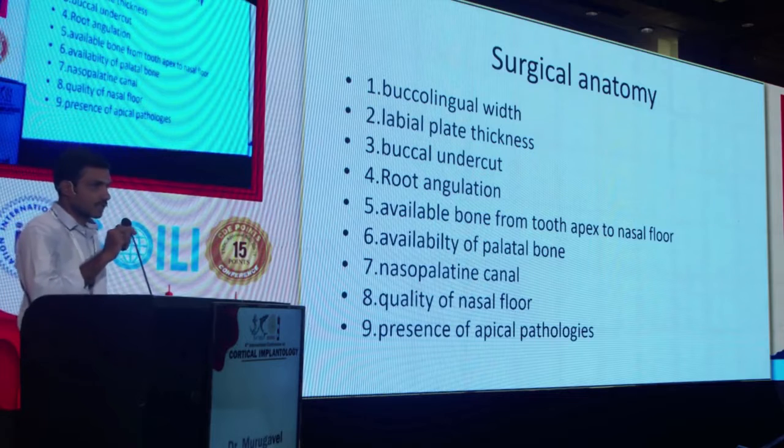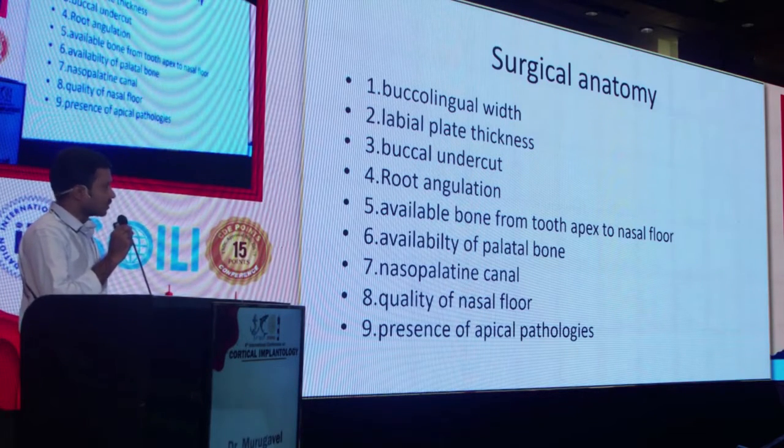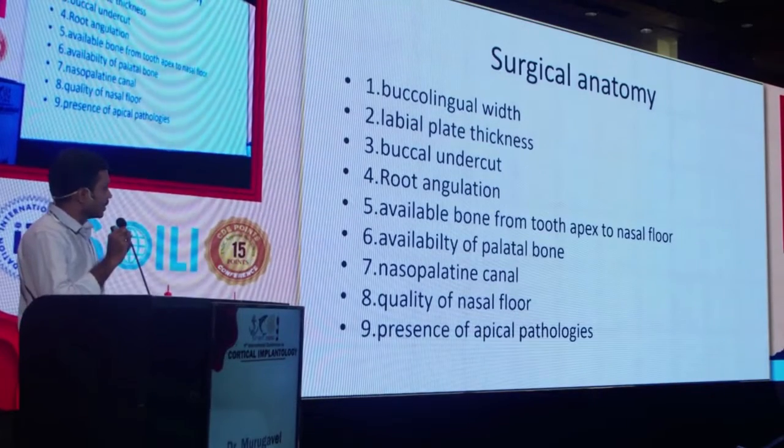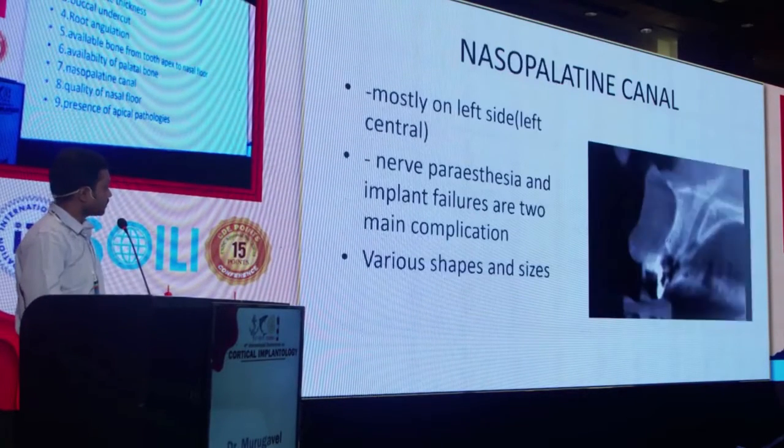Considering the surgical anatomy, these are the things we should check before starting the case. The first two, the buccolingual width and the labial plate thickness, are not very important for getting stability with basal implants. This anatomical structure is important to see before starting the procedure: the nasopalatal canal, coming from the nose to the palate.